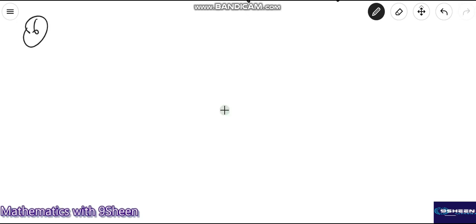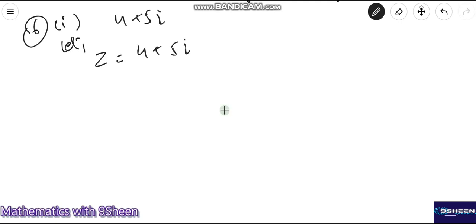Question number 6, first part, 4 plus 5 iota. First of all, it's our complex number, we denote that z. Now find the conjugate of this, z bar, which means you have to reverse the sign of the imaginary part.